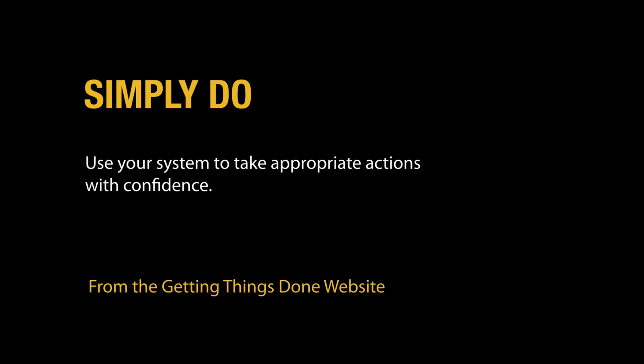Now, this for me is actually quite simple. If you do the review part correctly, and if you make sure your labels, context, are all properly up to date, then this part, the simply doing part, should be very, very easy.